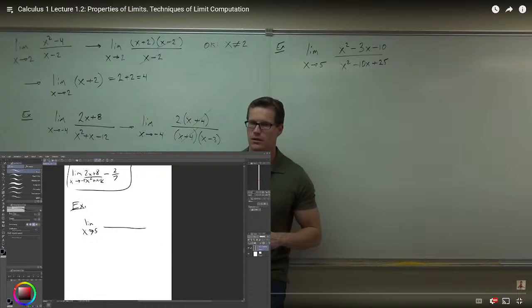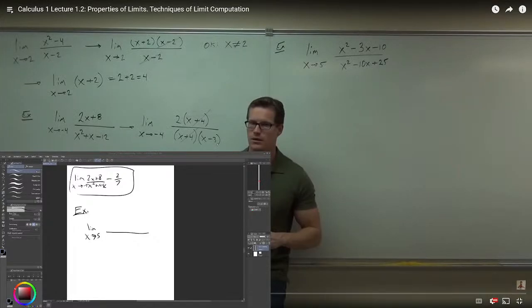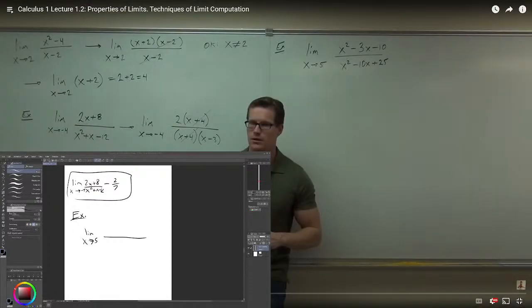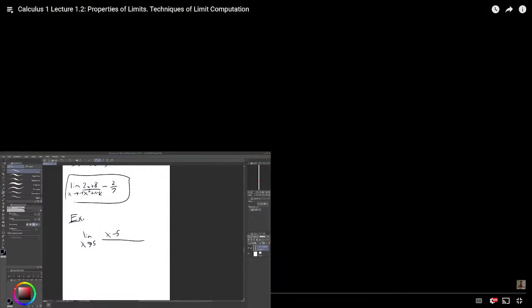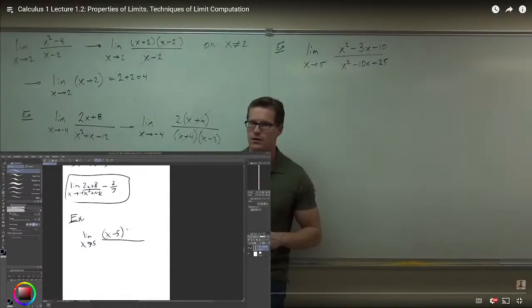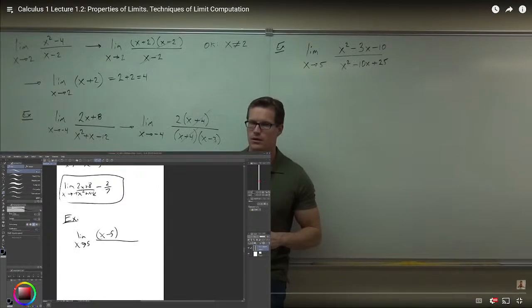So it's definitely a hole, so it's going to factor. And x minus 5 equals 0, so probably going to get x minus 5 somewhere.